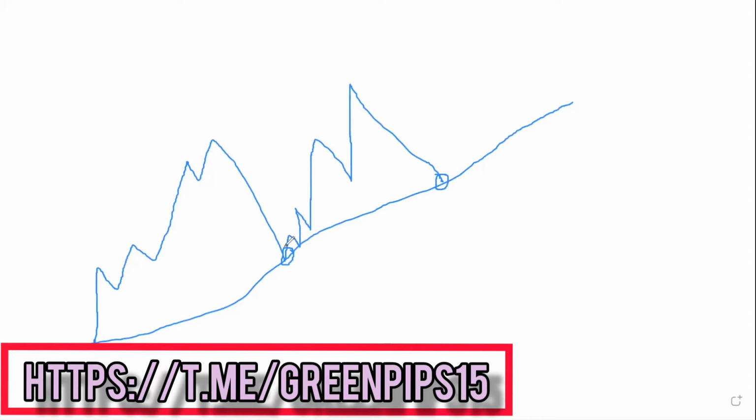At this point, it gives a W pattern. This is a good point to buy. This is trend line rebounds. It rebounds from here up. It comes here again. Probably it gives another W pattern. It rebounds again. This is another good entry to buy.